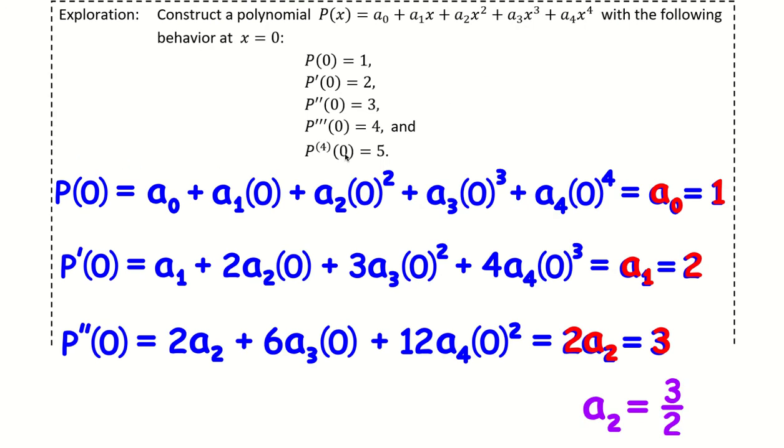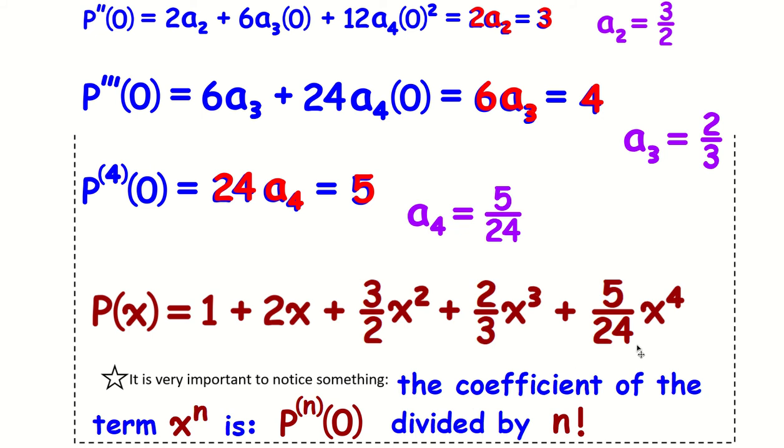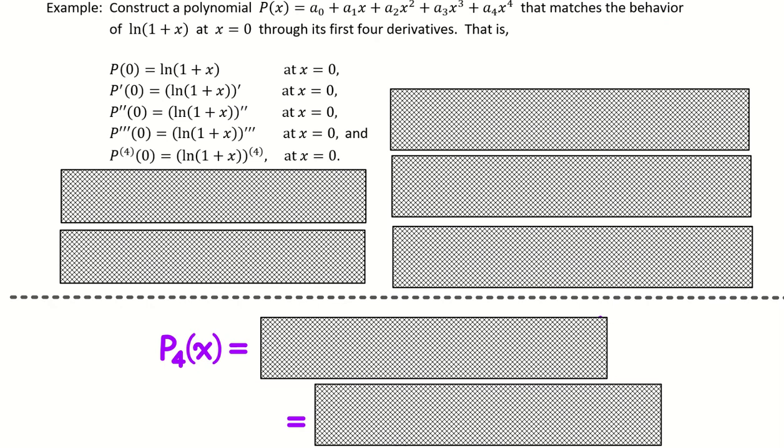When we plug in 0 to the fourth derivative, you're supposed to get 5, and 24 is 4 factorial. So exploration over. Let's ride that wave into this actual next example.